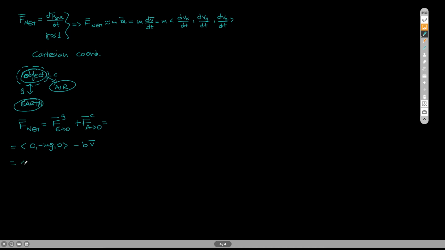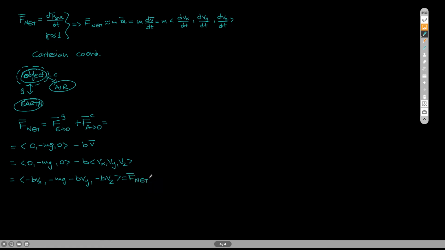Now I'm gonna write it a little bit better: vx, vy, and vz. And because I have the sum of those two vectors, it will give me 0 minus bvx, minus mg minus bvy, and then minus bvz. I want to remind you, this is equal to the net force.